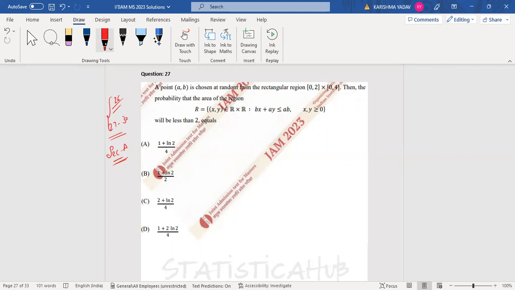Okay. So let's see question number 27, which is: a point (A, B) is chosen at random from the rectangular region [0, 2] cross [0, 4]. Okay, so this is the region. Then the probability that the area of the region R, which is bx plus ay less than equals to ab and x, y greater than equals to 0, will be less than or equal to 2.